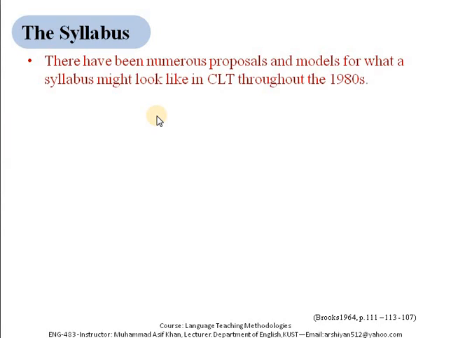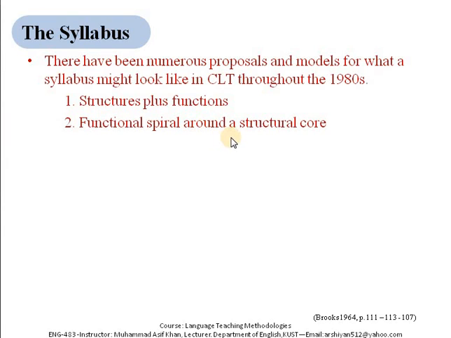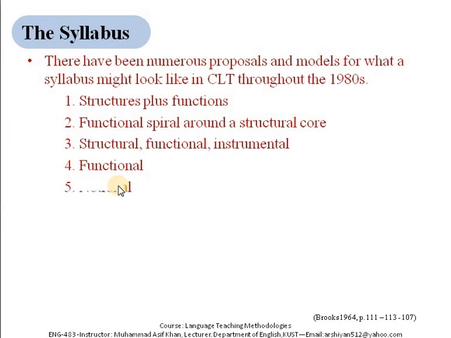These numerous proposals and models include structures plus functions syllabus, or the functional spiral around a structural core, or syllabuses like structural, functional, and instrumental syllabuses, or purely functional or notional or interactional or task-based syllabus in the CLT in the 1980s. So these are some of the types of syllabuses being used at that time.